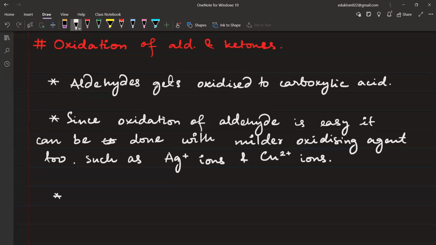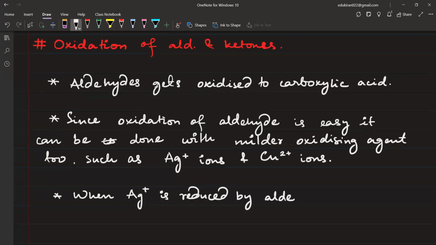Right, next point. See, what is happening? Aldehyde will get oxidized, so Ag will get reduced, right? So when Ag plus is reduced by aldehyde, Ag plus is reduced, change in oxidation state, reduction.